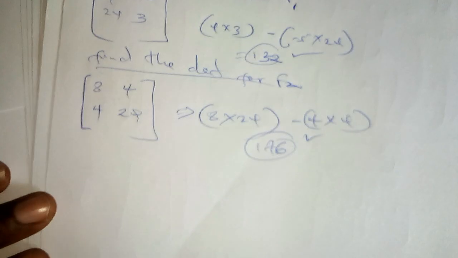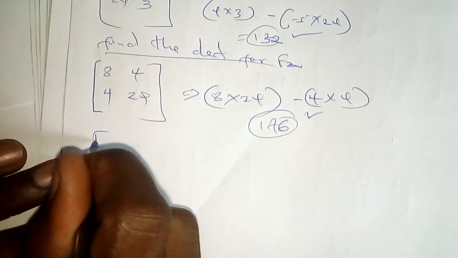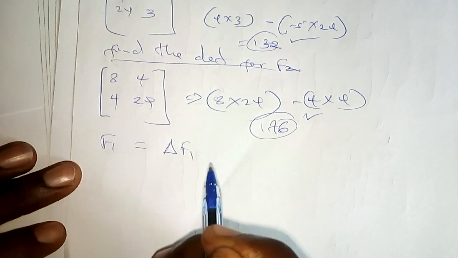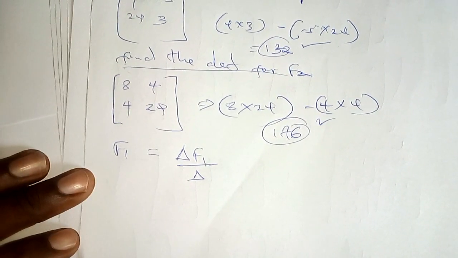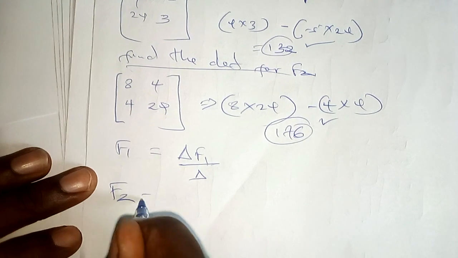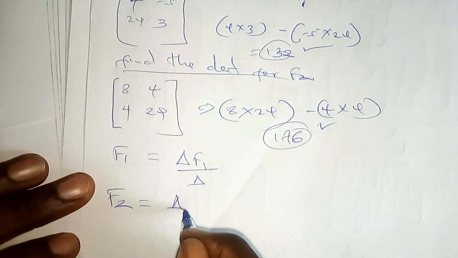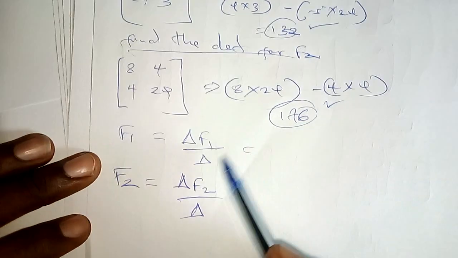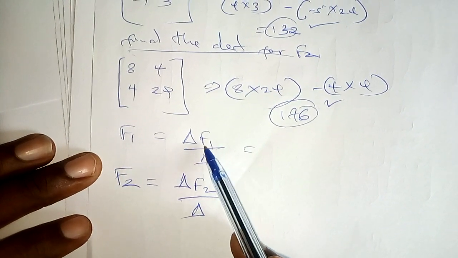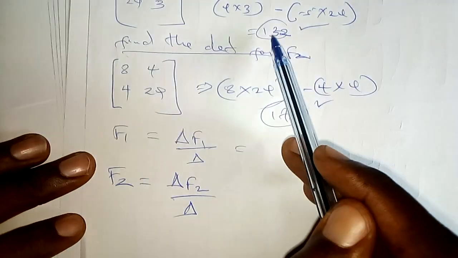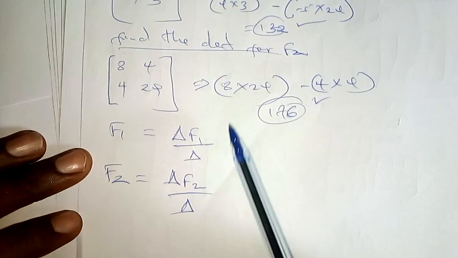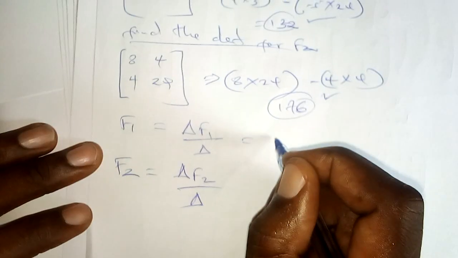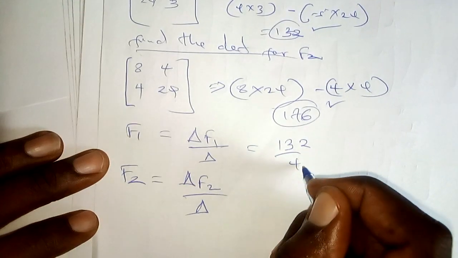Now f1 is the determinant for f1 all over the general determinant, and f2 is the determinant for f2 all over the general determinant. The determinant for f1 is 132 and the general determinant is 44, so we take 132 divided by 44.